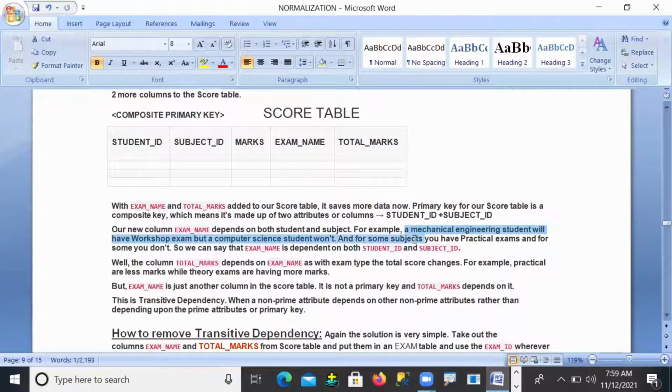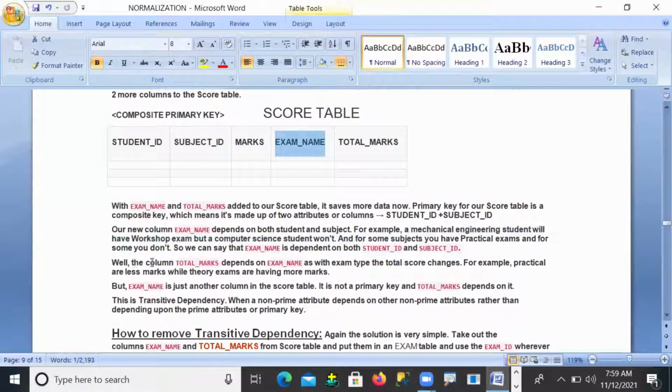And for some subjects you have practical exams, and for some subjects you don't. So we can say that examination name is dependent on both the student ID and subject ID.